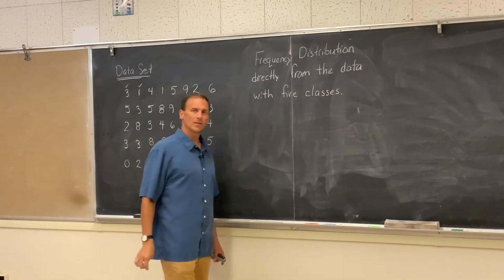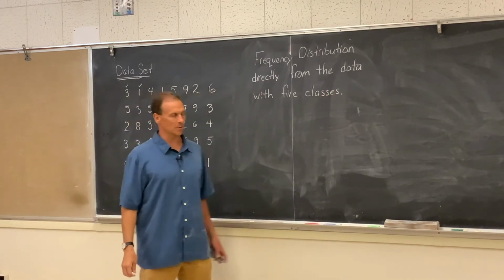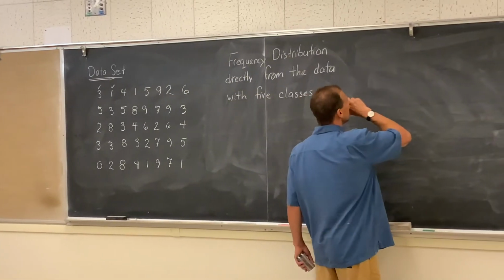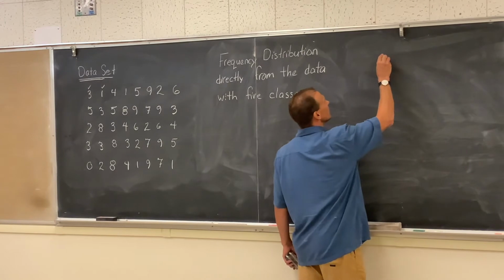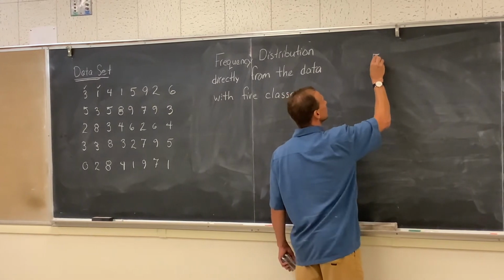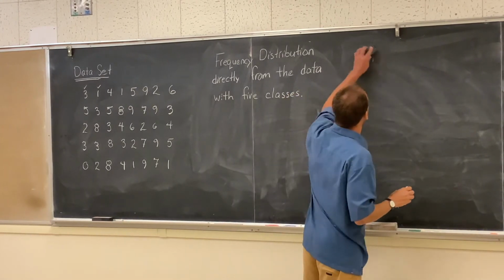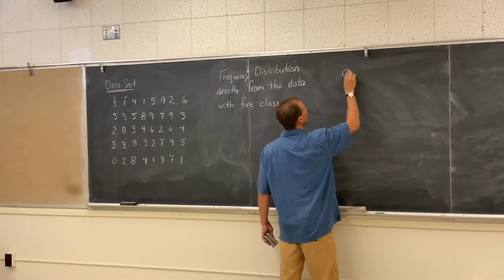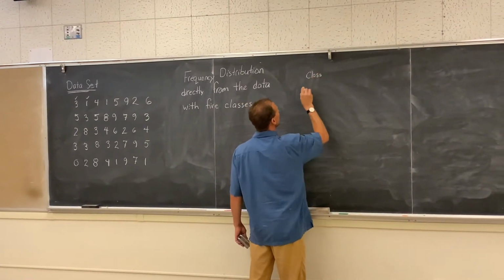Okay, so if you remember, we're going to make our frequency distribution over here. We'll do this again. We had our frequency, we have our class boundaries. Let's start there. Class boundaries.